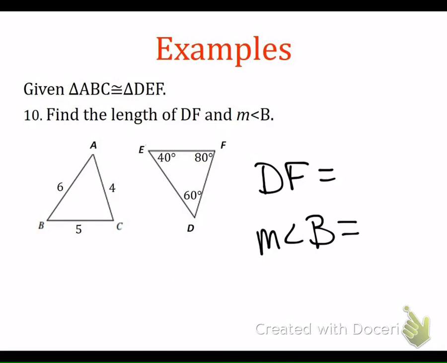AC, which is, you are right, 4. So the length of DF is 4. You're just trying to find which side it matches with. Okay? So since it's the first and the third, it's going to match with the first and the third.